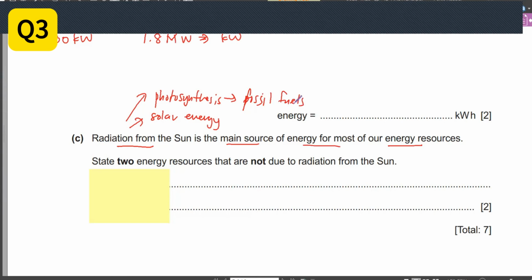So a lot of our energy sources come from the sun. But there are some sources that do not come from the sun. So give 2 examples of energy sources that are not due to radiation from the sun. So geothermal, nuclear, and tidal. These are the examples not due to the sun.